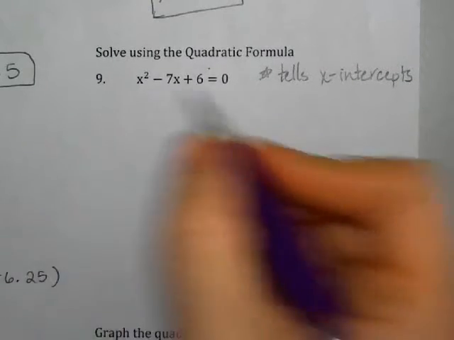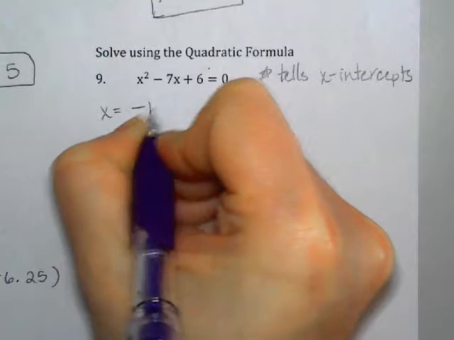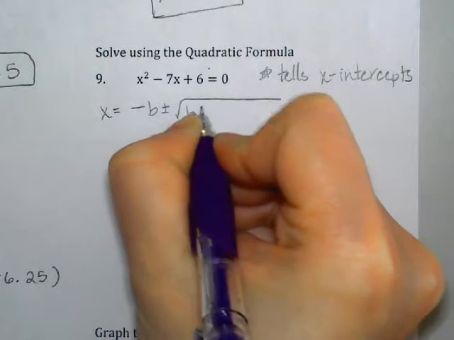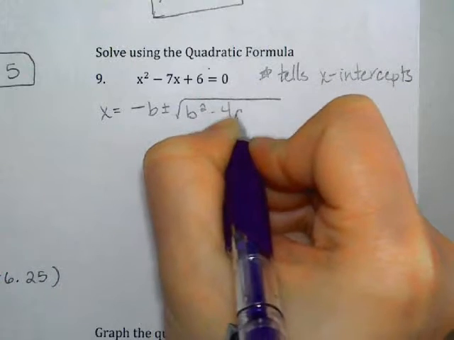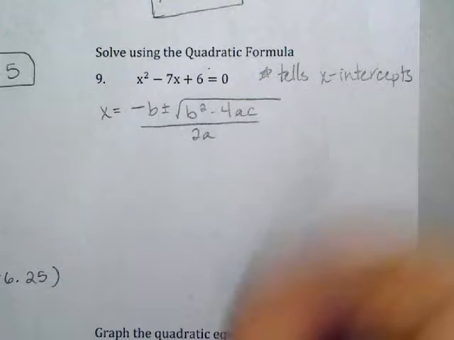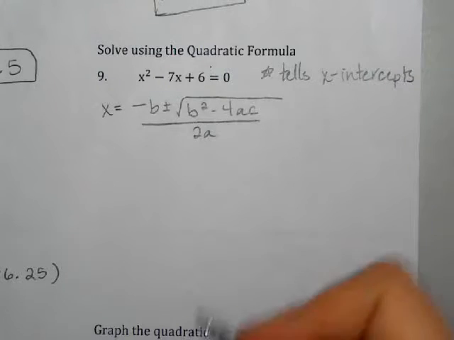So the quadratic formula is x equals negative b plus or minus square root of b squared minus 4ac, all divided by 2a. One of the things that I would recommend that you do anytime you're plugging in any of those numbers is to plug them in parentheses.